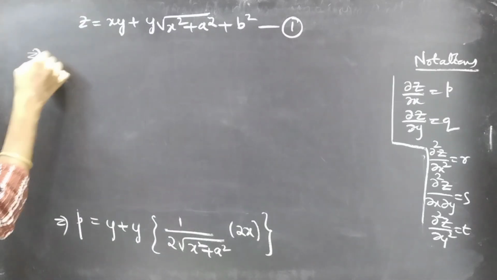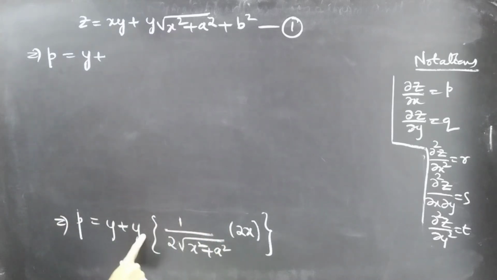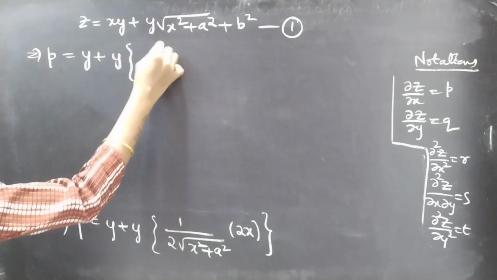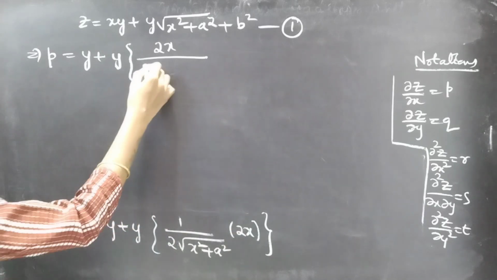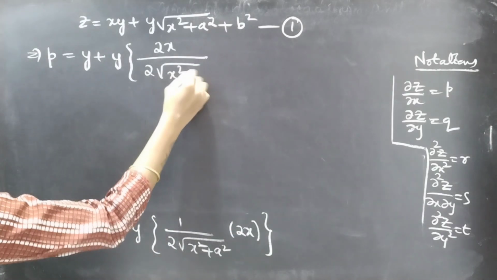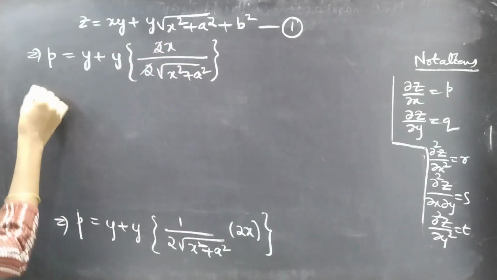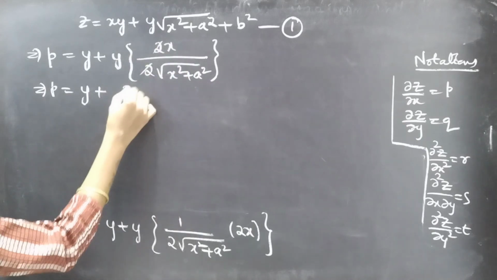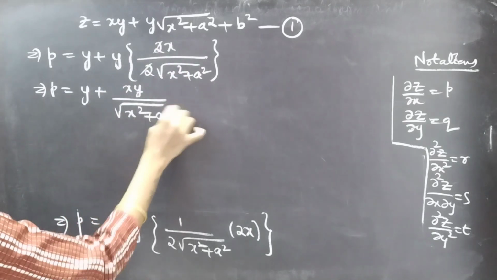This gives us p equal to y plus y into 1 by 2 root x square plus a square into 2x. Let me write one more step here. From these two you will get 2x by 2 into square root of x square plus a square, where 2 gets cancelled, which gives us y plus xy by square root of x square plus a square.